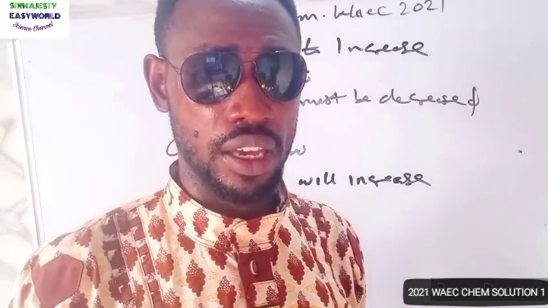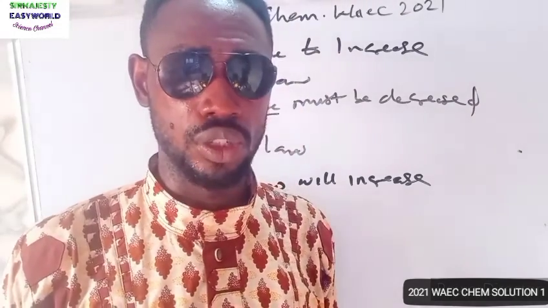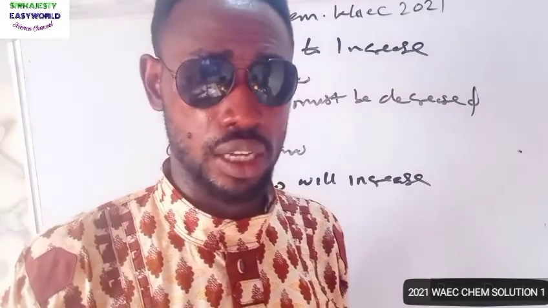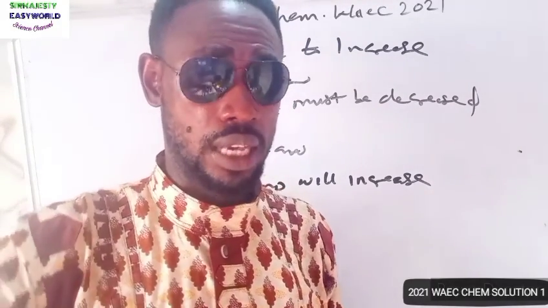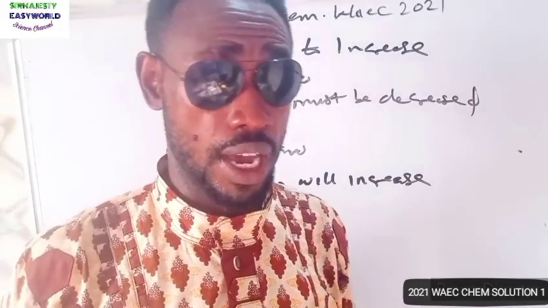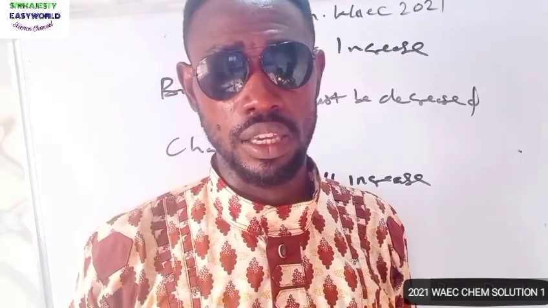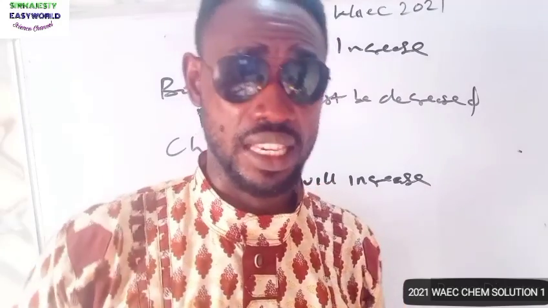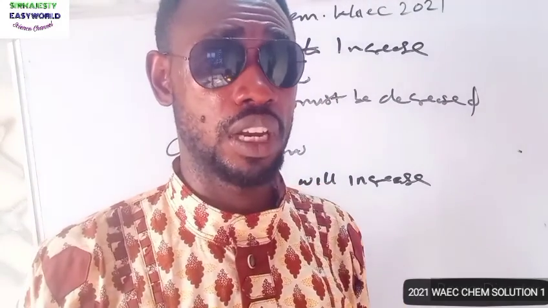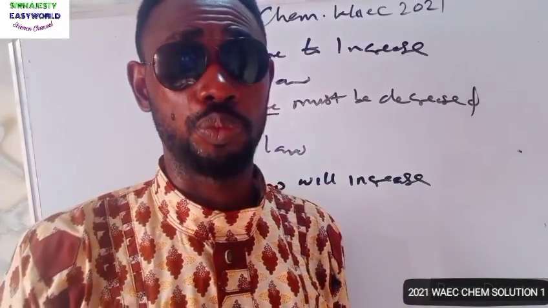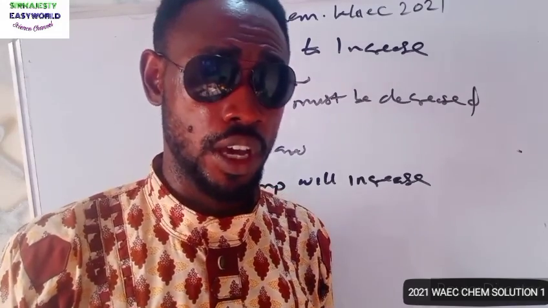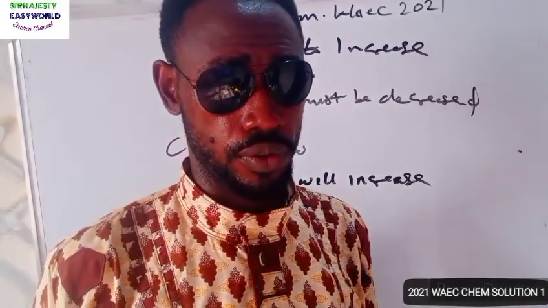The third one is the size of the nuclear charge, or the effective nuclear charge, the nuclear pull on the last shell. The fourth one, maybe for higher level, is the type of electron involved. If the electron being removed is in s, it is easier to remove it from the s orbital than from p, and then from d and f. These are sub-energy levels, of course.